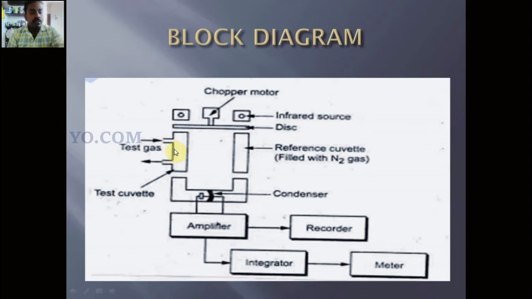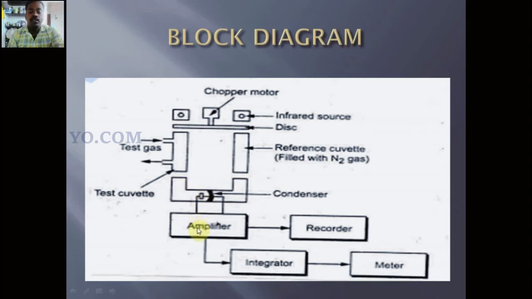The infrared rays are passed through this gas. Some amount of rays is absorbed by the CO2, and some amount is transferred here. According to the received infrared rays, this setup converts the absorbed rays, that means the temperature level, into some electrical voltage.